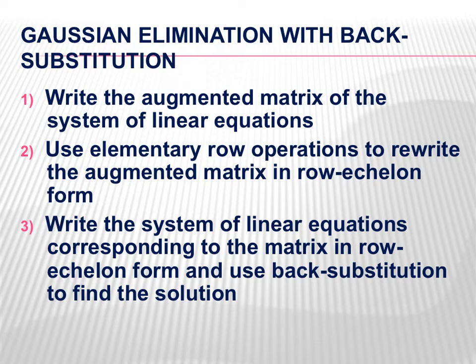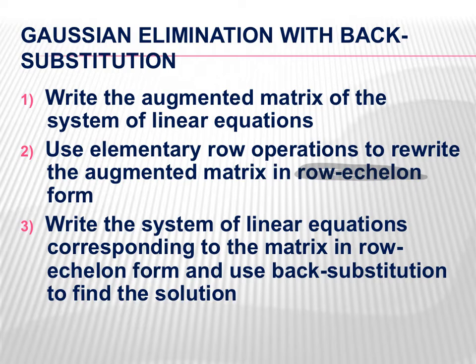All right, so Gaussian elimination with back substitution is one of the 2 methods you're going to learn in this section to solve a system. You already learned all the hard parts. You start by writing it as a system of equations, which we know how to do, then use the elementary row operations to get it into row echelon. Row echelon is your diagonal of 1s, right? Your 0s below.